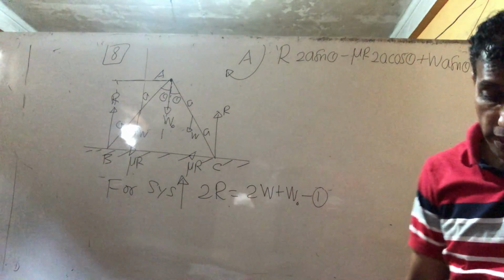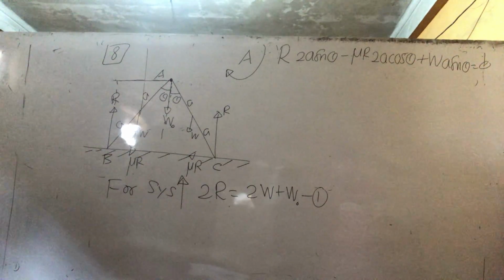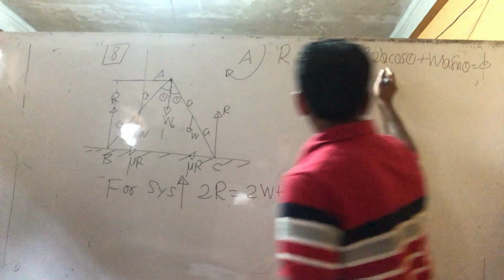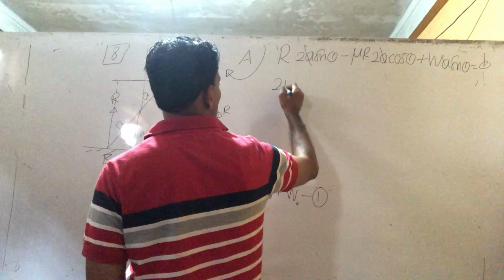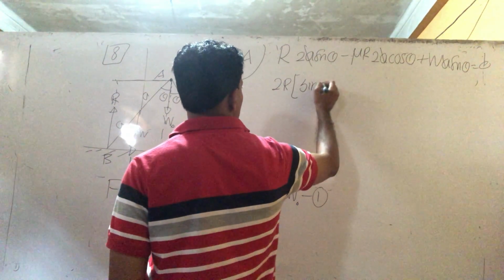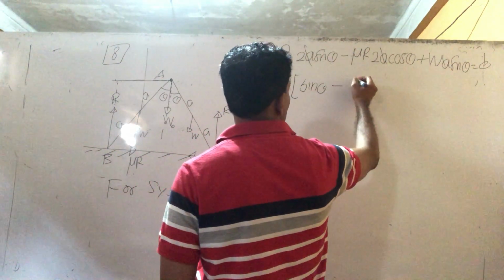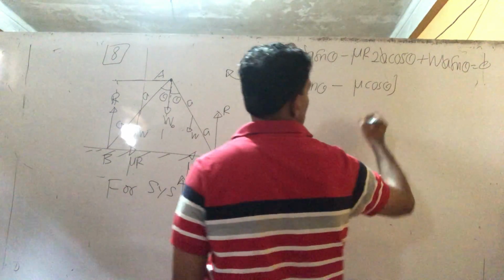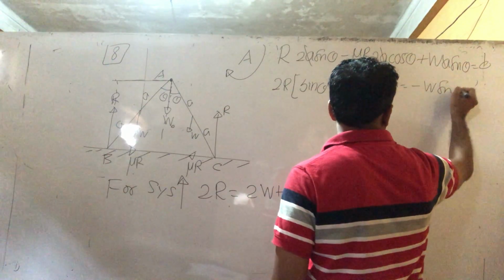Okay, that's all pure maths work. Now solve and find the W naught. Can I cancel by a here? Cancel by a. Can I take the 2R out? 2R out, sine theta minus mu cos theta, equal to minus W sine theta.